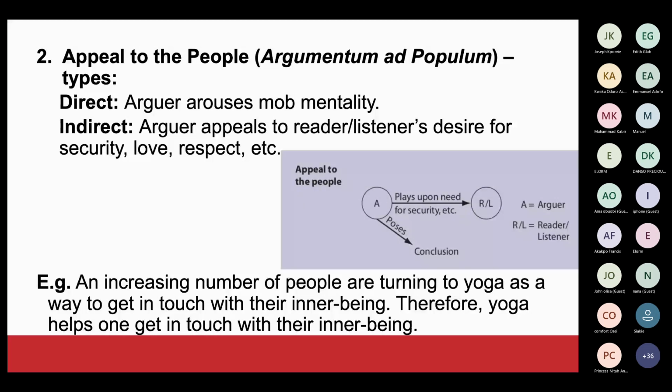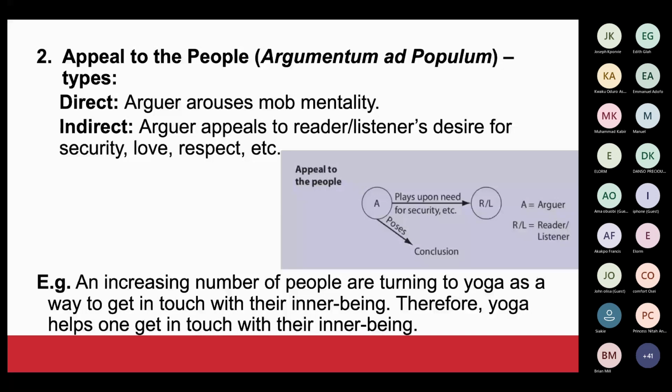Protect yourself: if you want to stay away from promiscuity, if you don't want to be exploited sexually, get a guy for yourself, get a lady for yourself. In all of these, your desire for security, your desire for love, your desire for respect is being elicited.